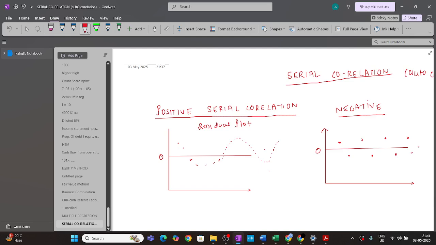So negative error today increases the chance of a positive error tomorrow, and a positive error today increases the chance of a negative error tomorrow. So this is negative serial correlation, right? Guys, are we okay? समझ में आ रहा है? Are we good? Yes or no? Yes, sir.